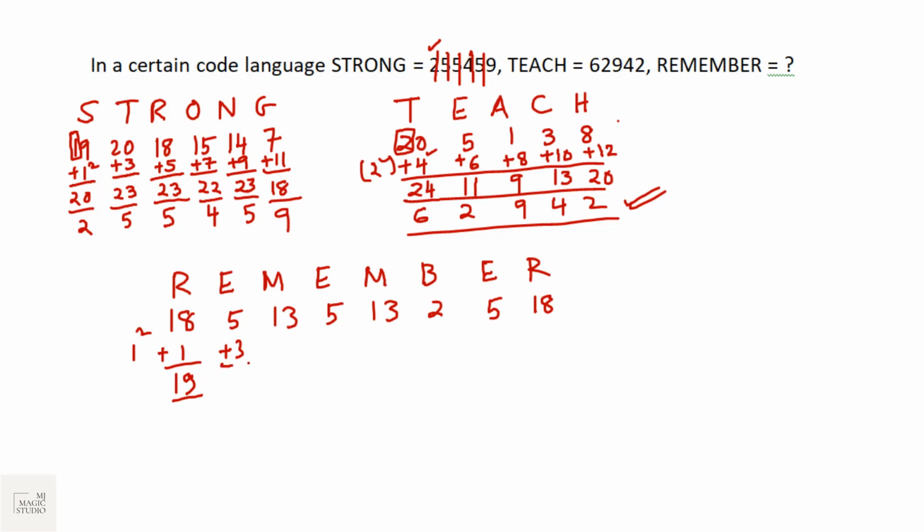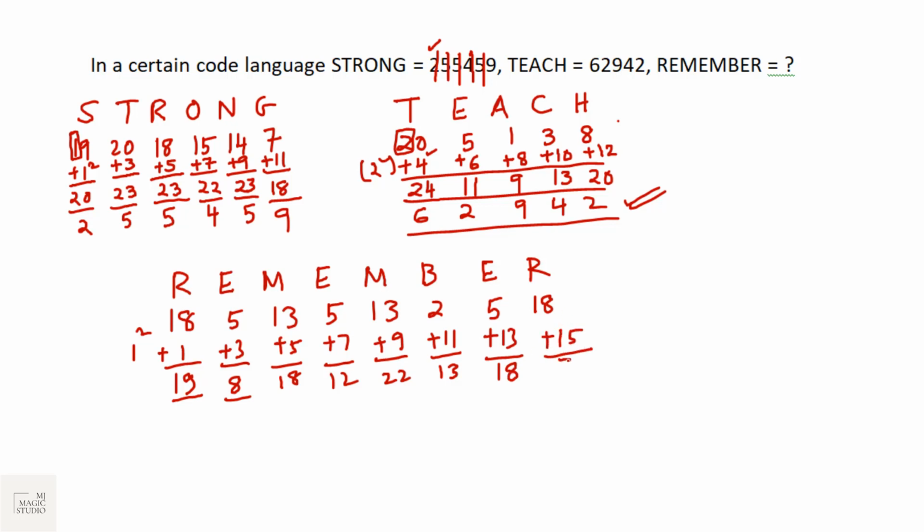I'll add plus 3, 8, plus 5, 18, plus 7, 12, plus 9 will be 22, plus 11, 13, plus 13, this will be 18, and plus 15, 20, this will be 33.